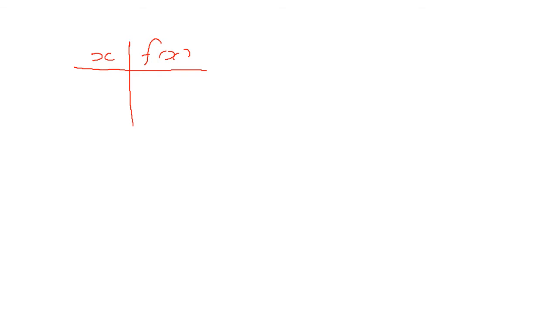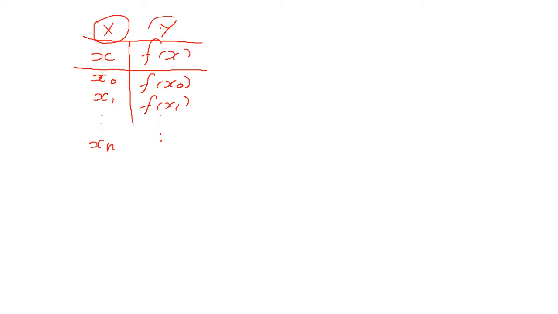You must have some sequence x0, x1, etc., xn, and you must evaluate the function values at those points, f of x0, f of x1, etc. So you must have two sequences. For convenience, let us call this sequence x and this sequence y.